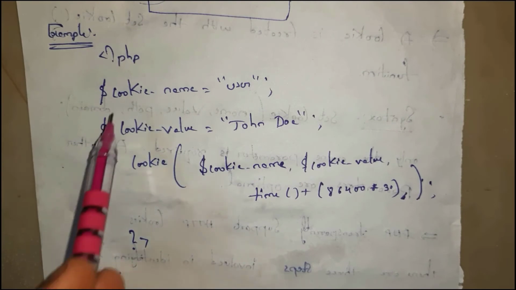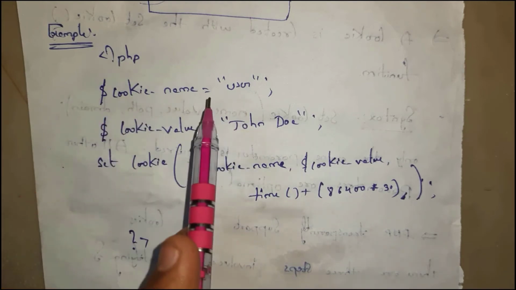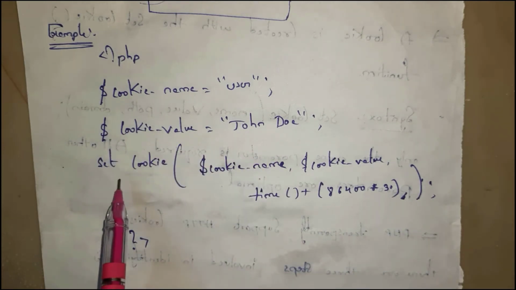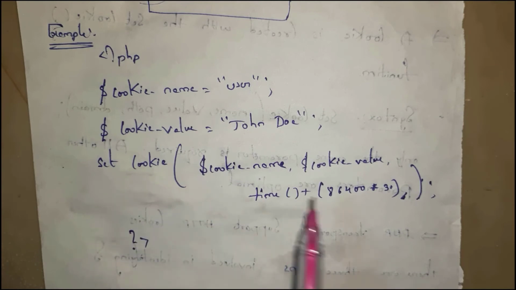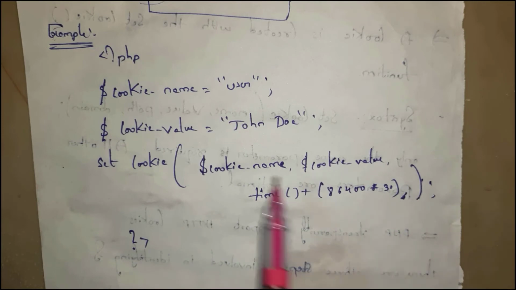See the example. Here I am going to create a cookie with a cookie name and cookie value. The cookie name is user and the cookie value is John Doe. I use the setcookie function, which contains the cookie name, that is user, the cookie value, that is John Doe, and time.